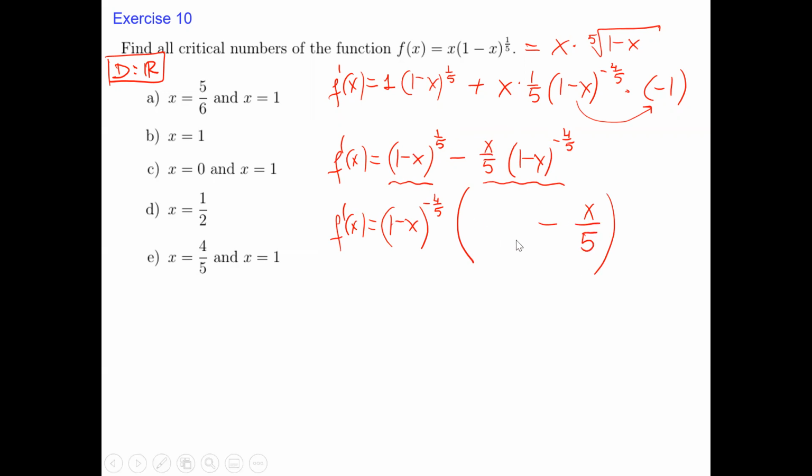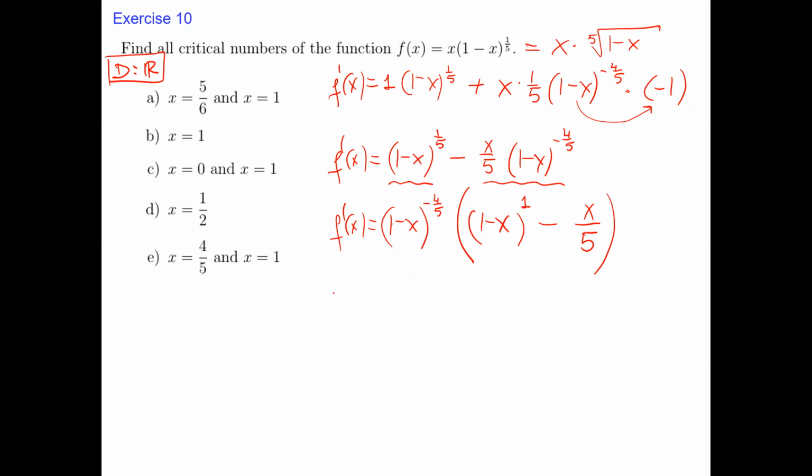Perfect. But for the first quantity, 1 minus x to the power of 1, because 1 plus negative 4/5 is positive 1/5. If we decide to distribute back, we multiply the same base, then we add the exponents. A little bit of algebra.